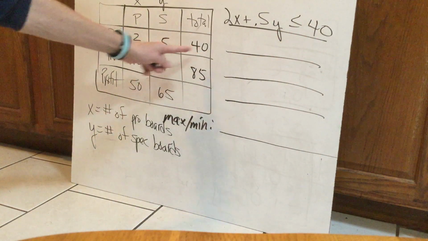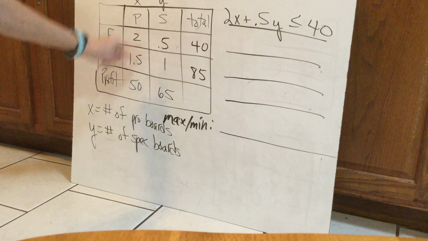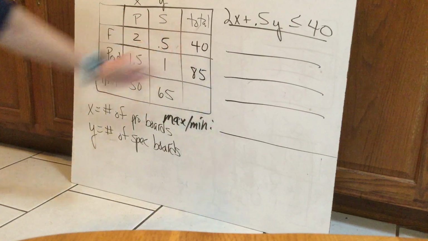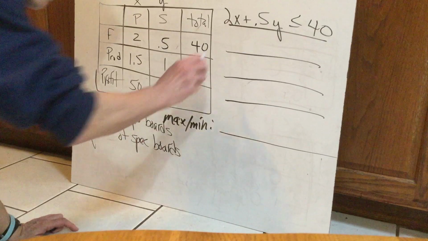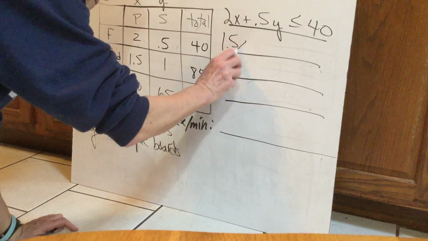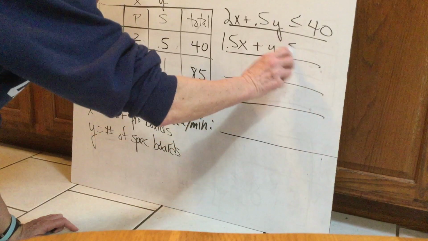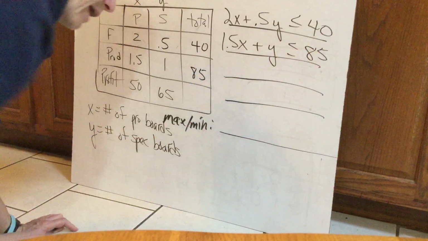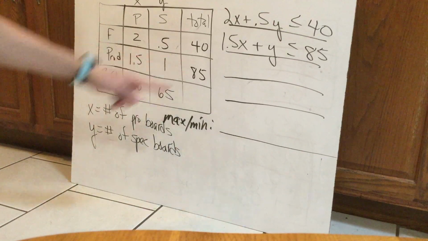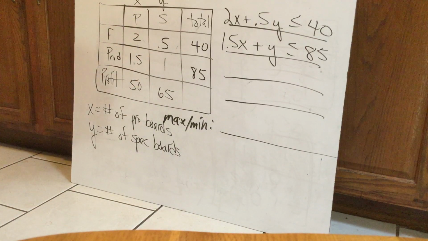So when you are finishing, whether it's a pro board or a specialty board, you only have a total of 40 hours to do that. 1.5x plus y is less than or equal to 85. That's your production time.